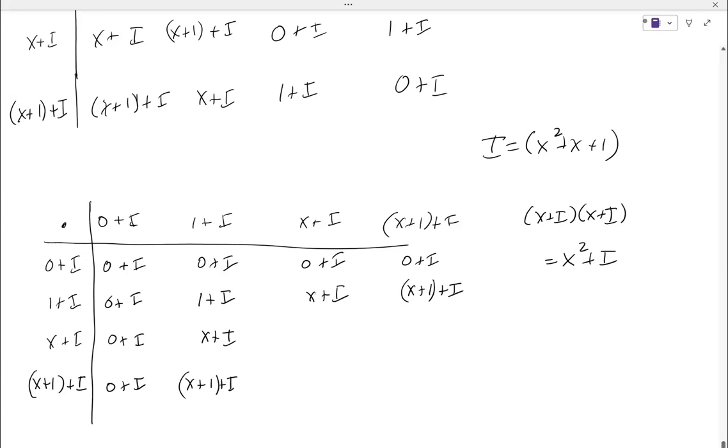But that's not one of the distinct cosets that we recognize, right? So I need to figure out which one of the 4 it really is.